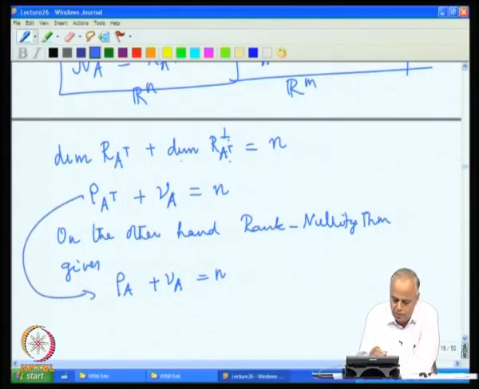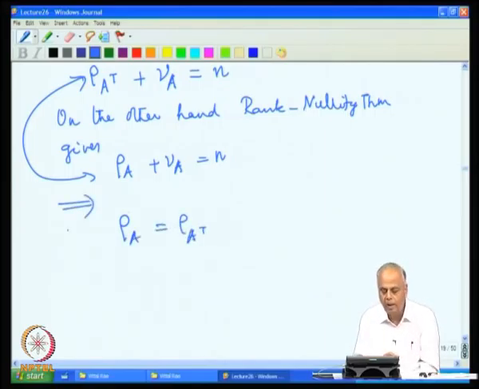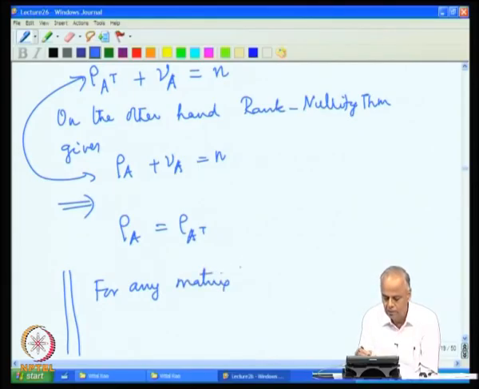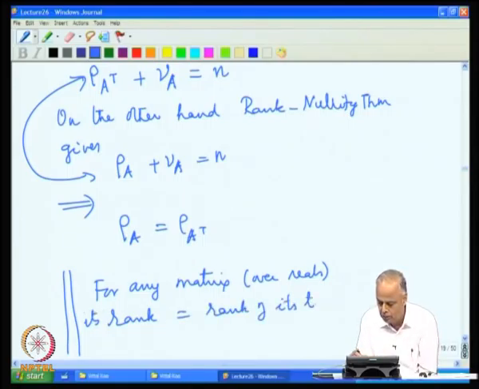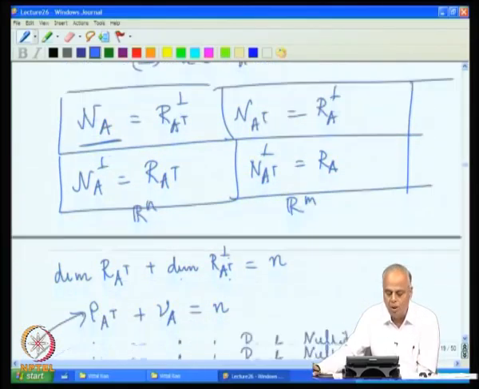Now, compare these two, we get rank of A is equal to rank of A transpose, and therefore, we have an important conclusion that for any matrix over the real numbers, its rank is equal to the rank of its transpose.